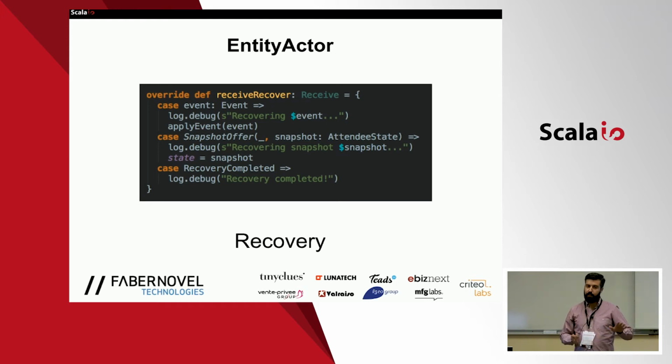We are overriding it because all those methods are implemented in the persistent actor trait we saw at the beginning when we saw the definition of our actor. But we don't want the default behavior. Our business logic is different in each project, so we need to override the behavior of that method.